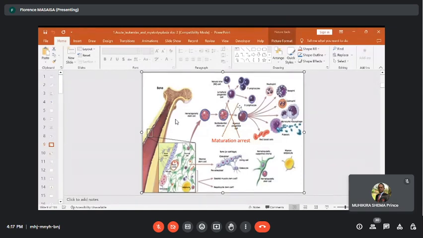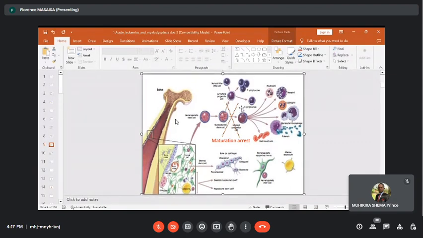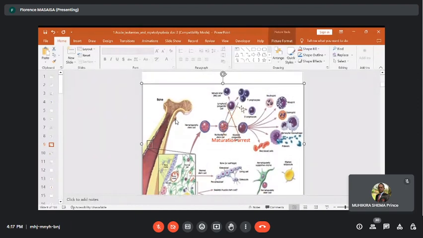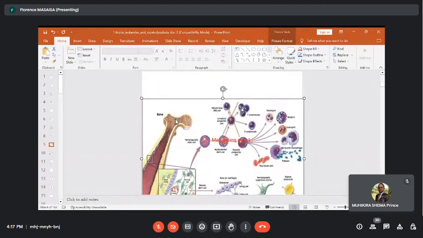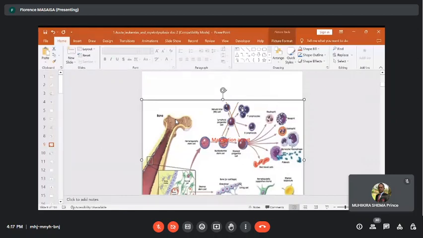That is acute myeloid leukemia. When there is a lymphoid one, there will be maturation arrest at this stage, so the cell will no longer mature to the mature lymphocyte. So either it is acute myeloid or acute lymphocytic or lymphoblastic leukemia. All this is on the precursor cells, the earliest cells, which are lymphoblasts in lymphoblastic leukemia, or myeloblasts in the case of myeloblastic leukemia.